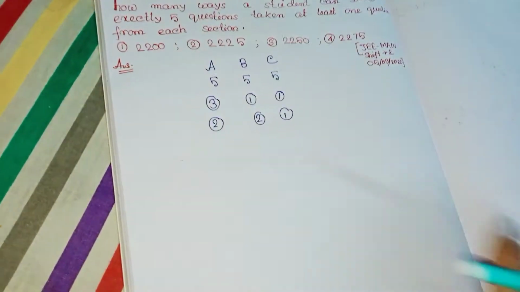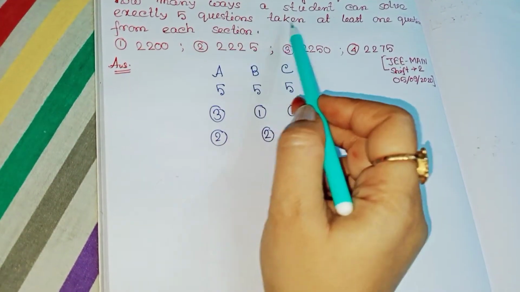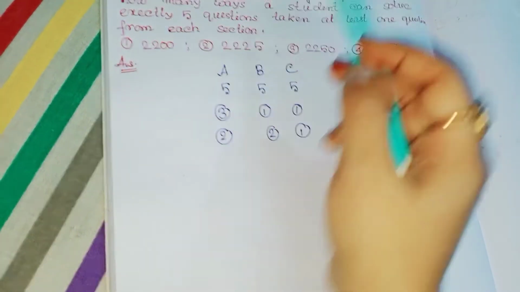So now the selection: a student can solve exactly 5 questions, taking at least 1 question from each section.